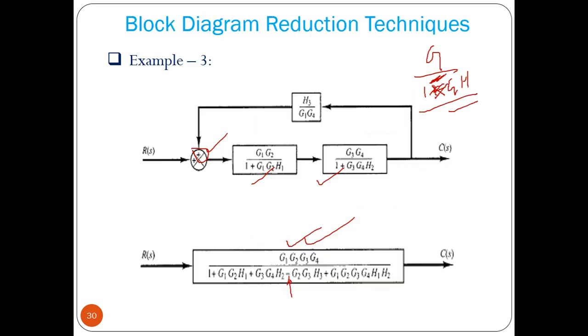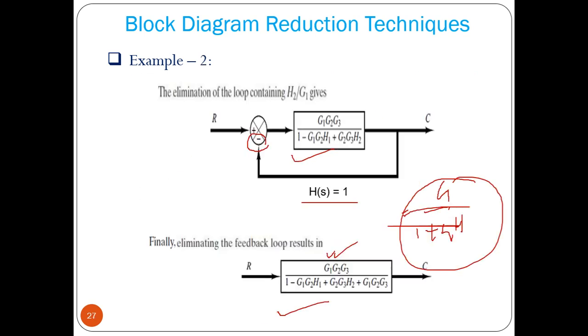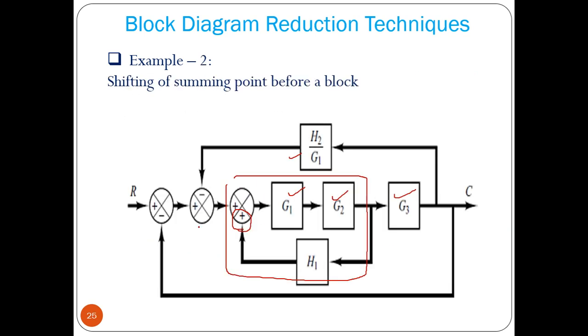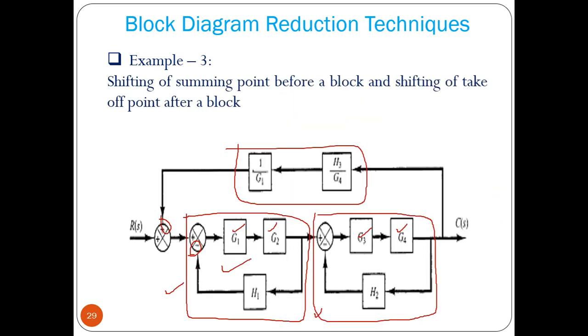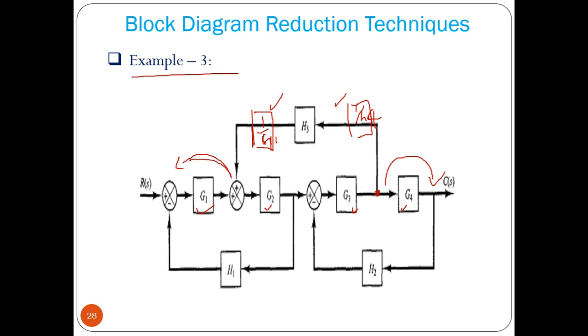This is the three examples that I have taken so that you can familiarize yourself with how we can shift the takeoff point and summing point. In this third example I have shown how we can shift the takeoff point before a block, a summing point before a block, takeoff point after a block to solve this problem.